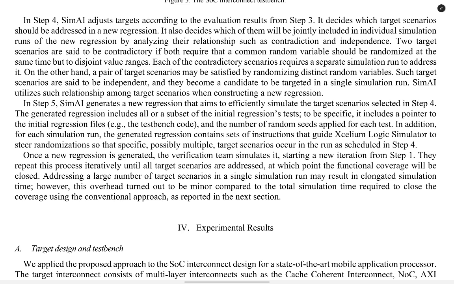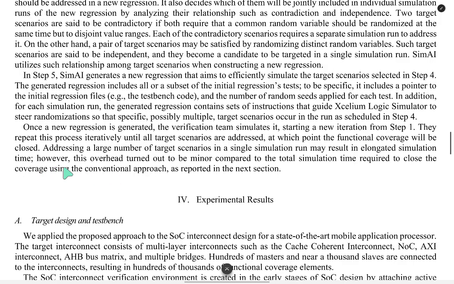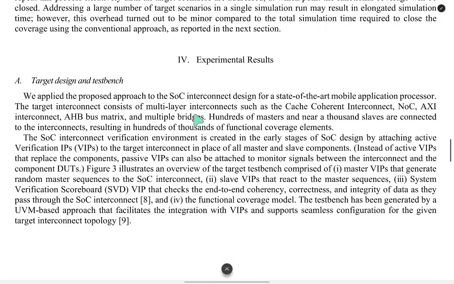Addressing a large number of target scenarios in a single simulation run may result in elongated simulation time. However, this overhead turned out to be minor compared to the total simulation time required to close the coverage using the conventional approach, as reported in the next section.